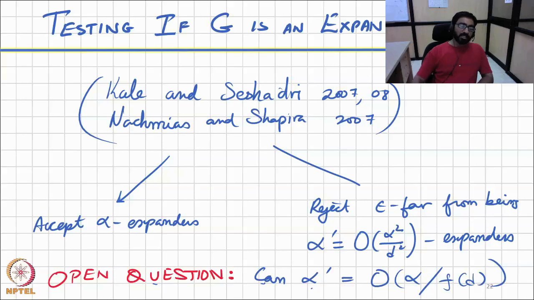So the open question is, can this alpha prime be improved to alpha over some function of d, and not be dependent on the square of alpha? So this is the big open question.